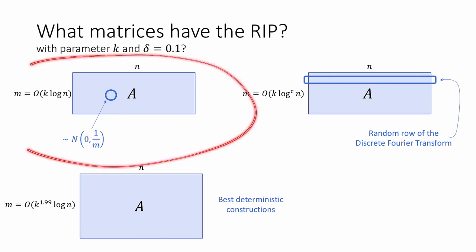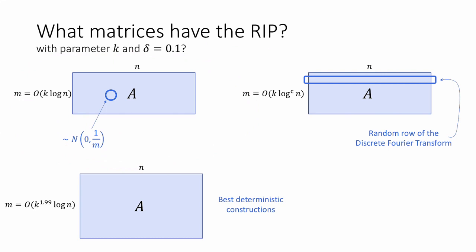First, suppose that A is a random matrix with independent Gaussian entries. That is, every entry is some independent Gaussian with mean 0 and variance 1 over m. Then it turns out that if you take m to be big O of k log n, this matrix will, with high probability, satisfy the k-restricted isometry property.